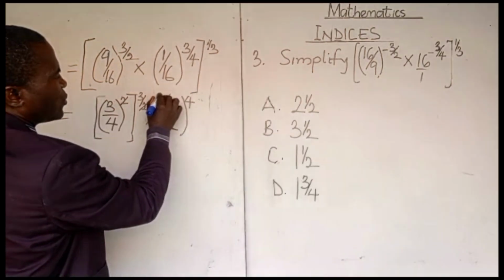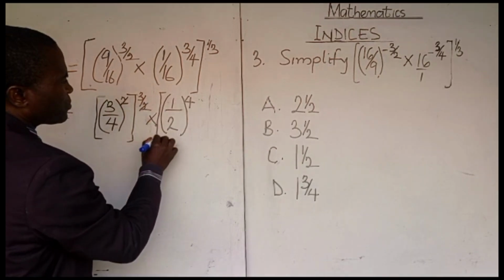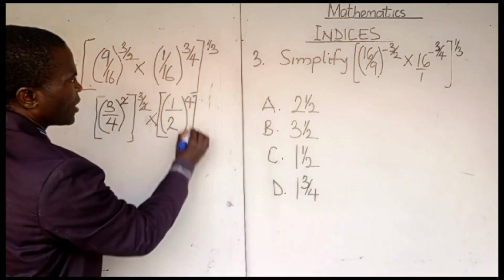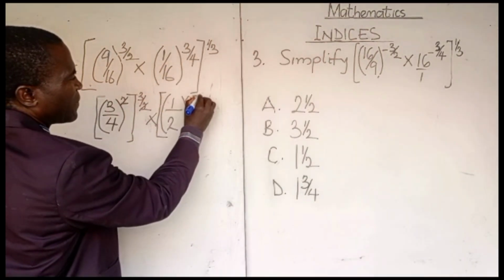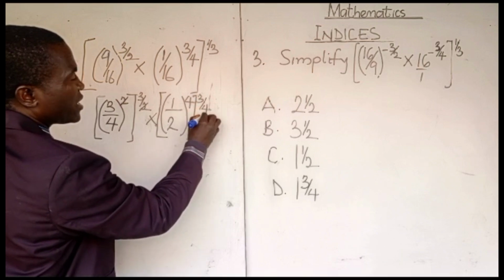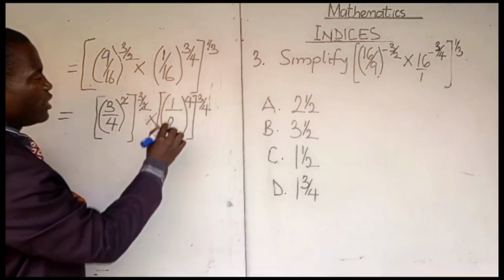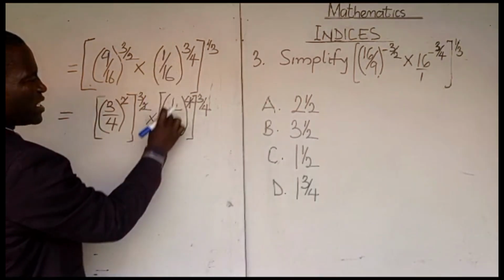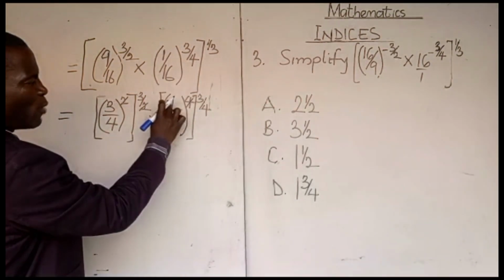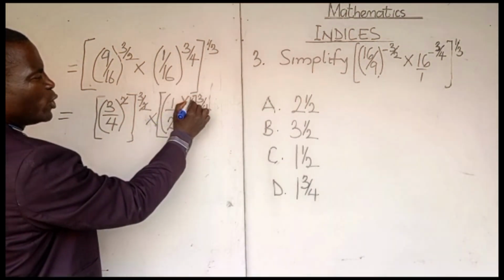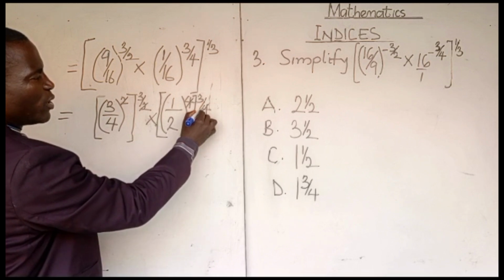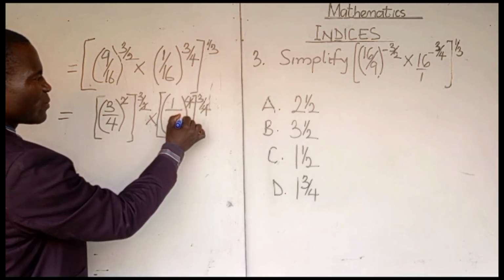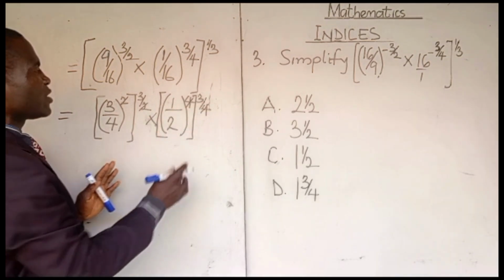So, here we are going to have this 3 over 4 is now there. 3 over 4 is here. Knocking out stage. This 4 that is obtained from 1 over 16 that makes it become 1 over 2 can be used to knock out this 4. This one cancels this. So we are at knocking out stage.